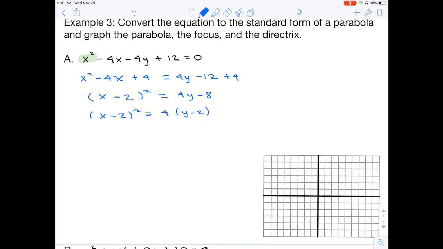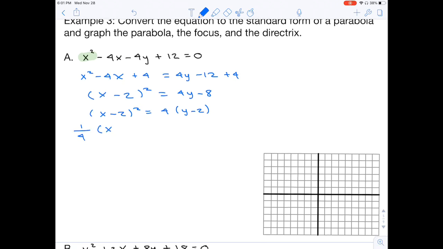Then I'm going to divide, or you can say multiply both sides by the reciprocal of 4. Okay, now at this point, we have a parabola in standard form.